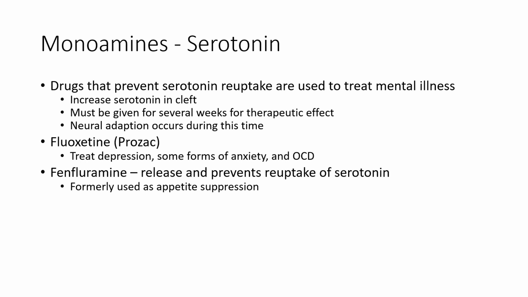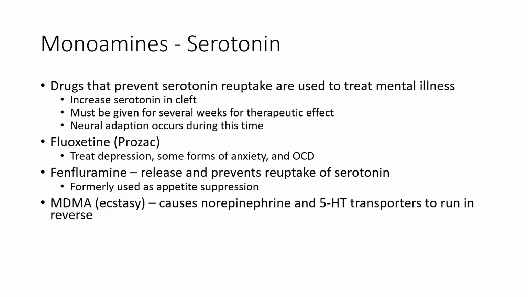It worked by preventing the reuptake of serotonin, so more serotonin was available in the synapse, and the way that it affected the system was that it suppressed your appetite. Unfortunately, it also caused heart valve damage in many users, and it was directly correlated with a fair number of deaths, actually, because of that heart valve damage, so it was taken off the market.